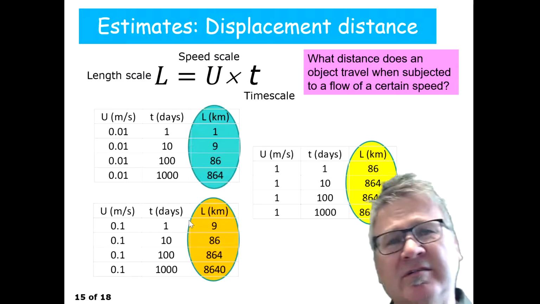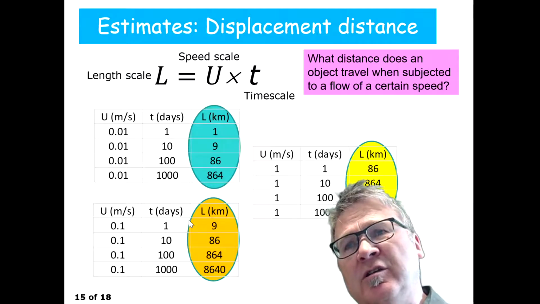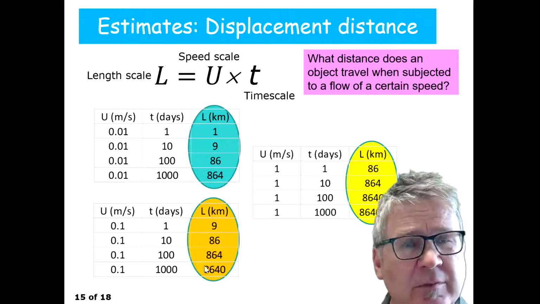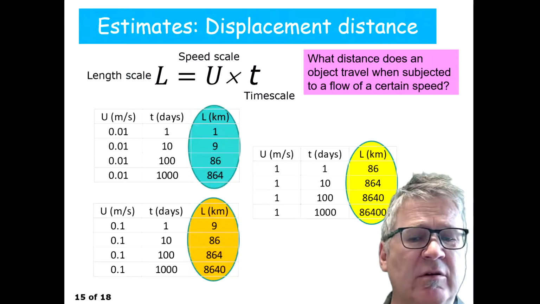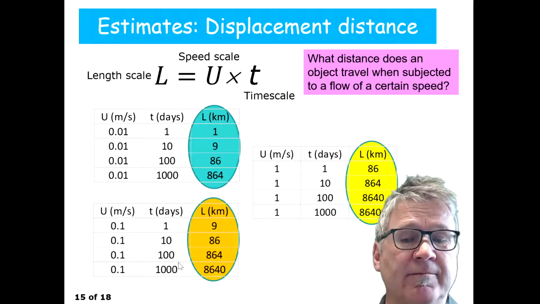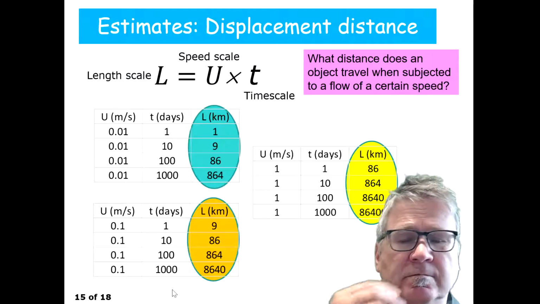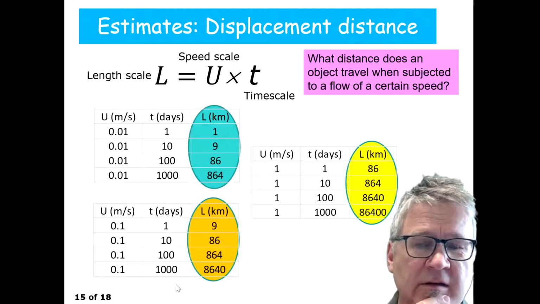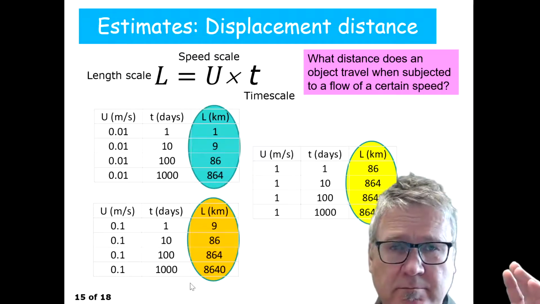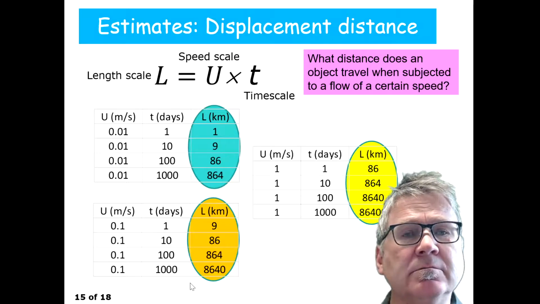Okay, so how long does it take? You are in your boat, and you have to travel something like 10,000 kilometers. How long does it take? Okay, 1,000 days. Oh no, that's a problem, isn't it? It takes 1,000 days, and 1,000 days is something like 3 years.